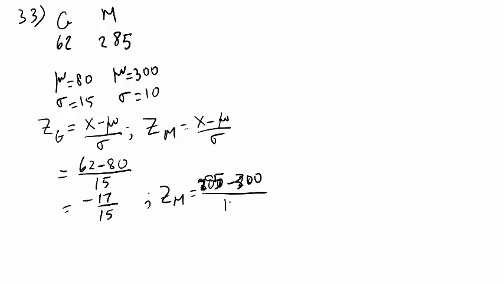Divided by 10. So that will be negative 15 over 10, which is negative 1.50. And let me divide it and give you the answer. Okay, the answer for the geography z-score is about negative 1.13.